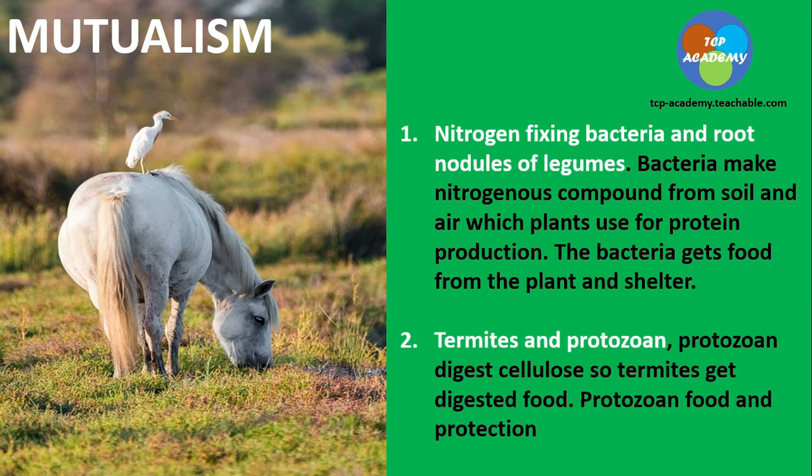Then there is the termite, which tends to eat our wood, but it has this close relationship with a protozoa called trichonympha. Now, the trichonympha lives in the gut of a termite and it digests cellulose. The termite is not able to digest cellulose.